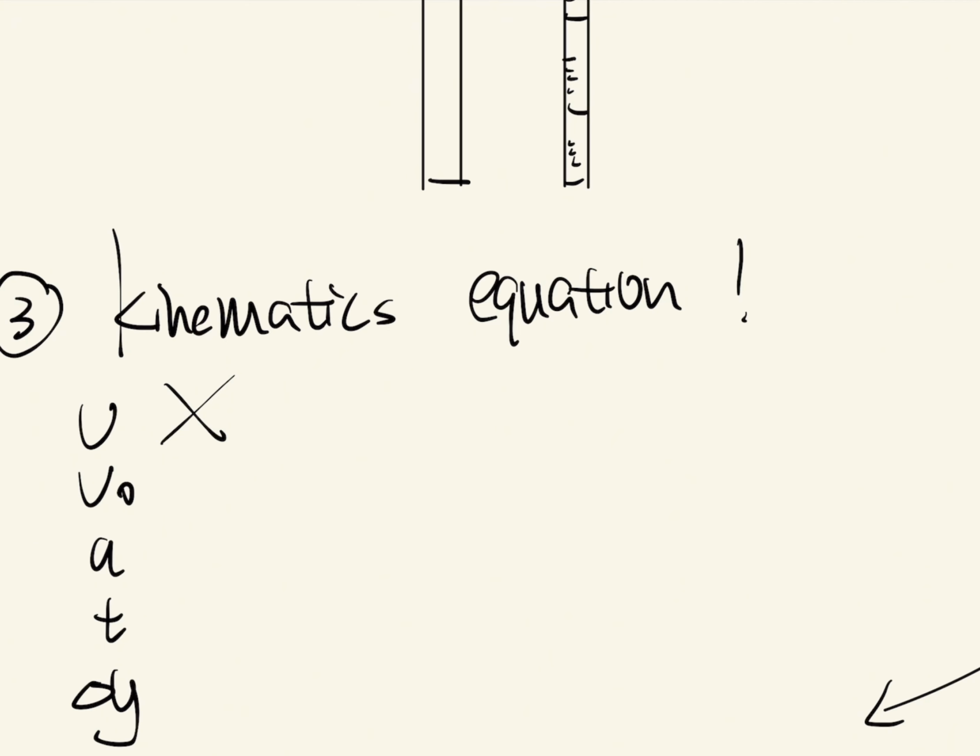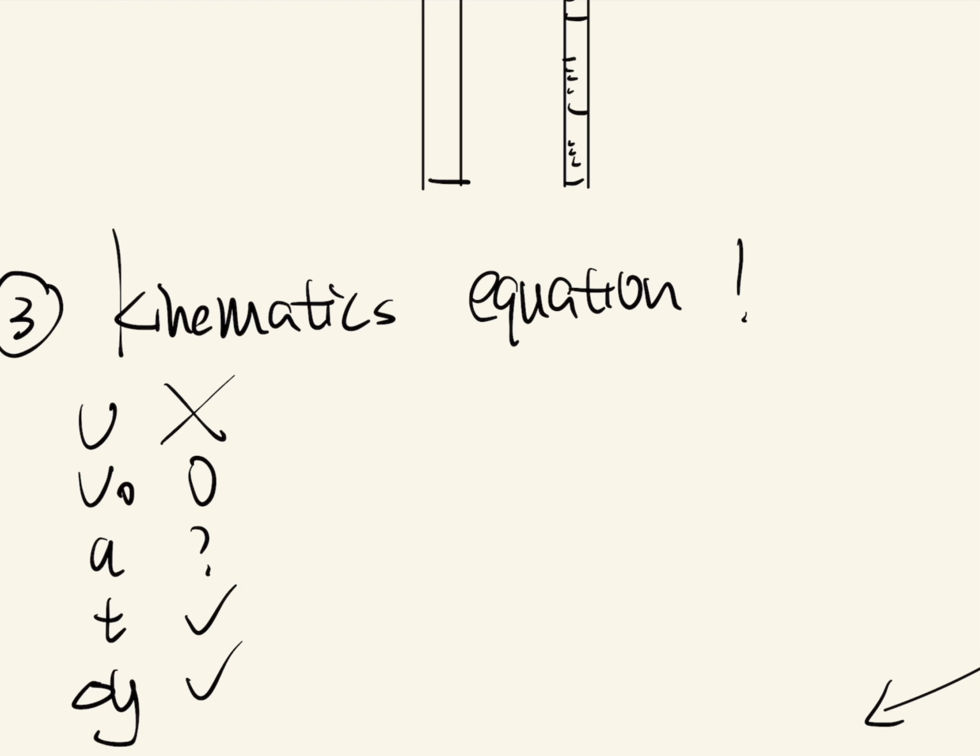For initial velocity, though, we know the ball starts from rest in terms of vertical motion, right? You might roll the ball off the table, but that's just horizontal motion. So vertically speaking, the ball has an initial velocity of 0. And acceleration is what we are calculating. We use the stopwatch to measure the time, so we know the time. And we use a meter stick to measure the displacement, so we do know the displacement.